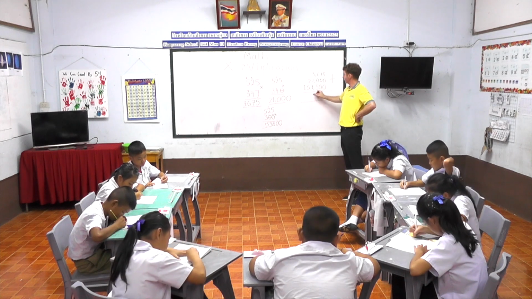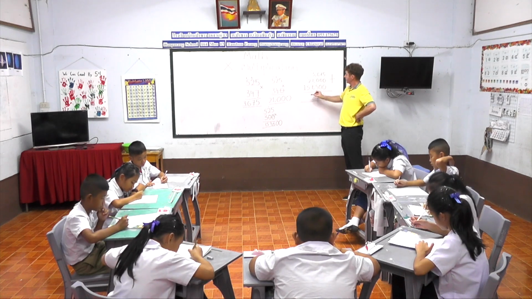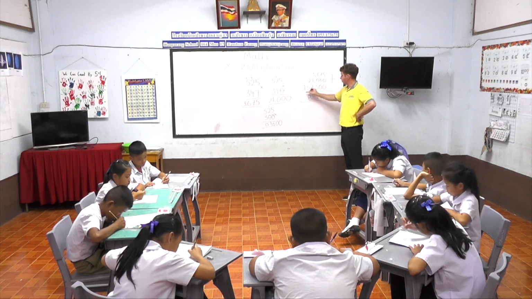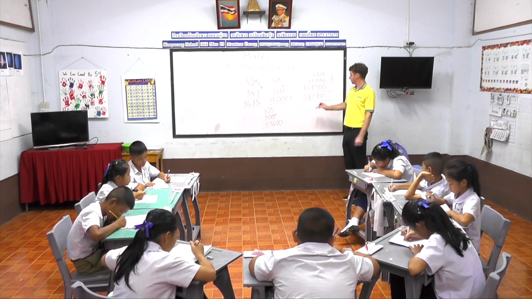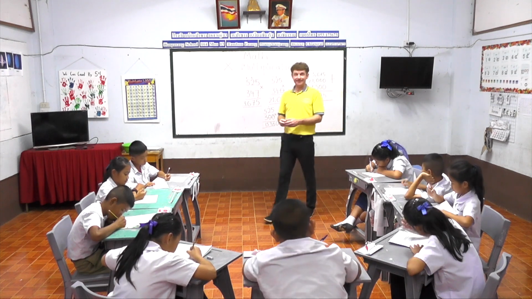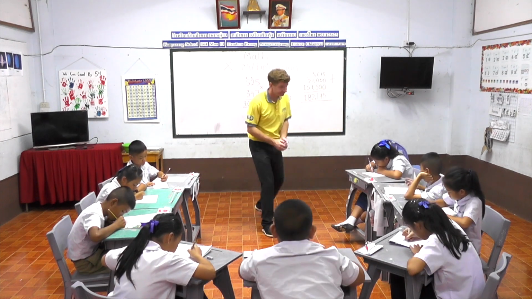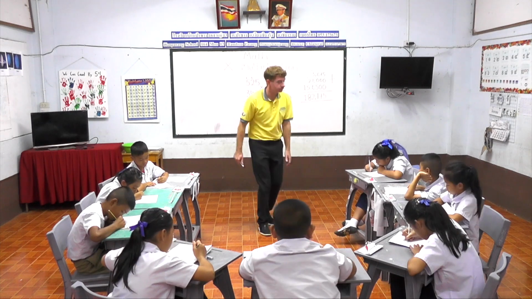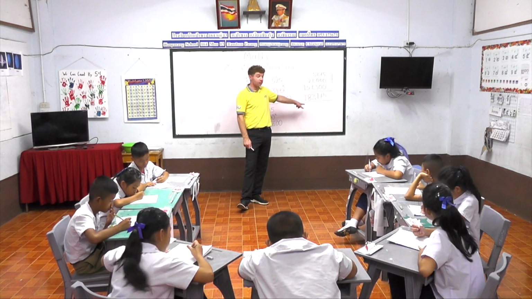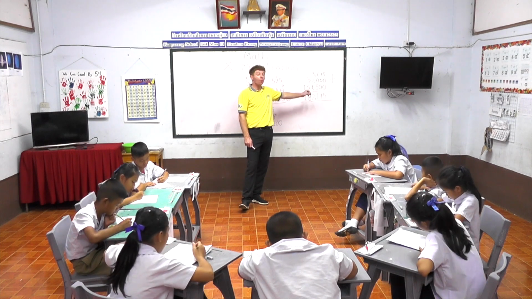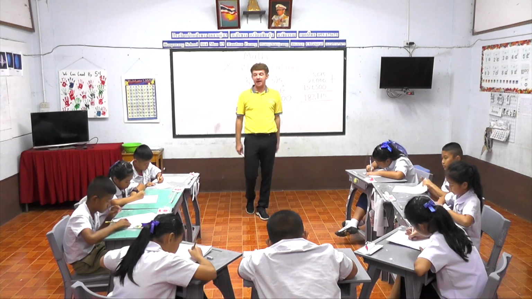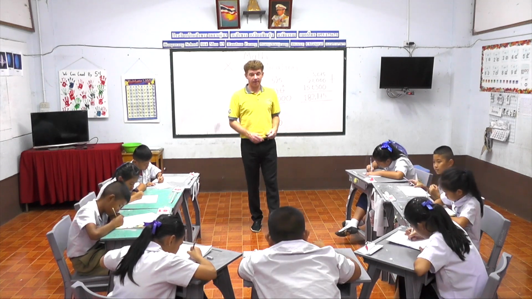Plus another 1, 12. 5 plus 2 plus 1, 8. And then 1 plus nothing, 1. So hopefully, we all get the same answer. What's your answer, Pangpon? 182,175. Excellent, guys. We're doing really well.